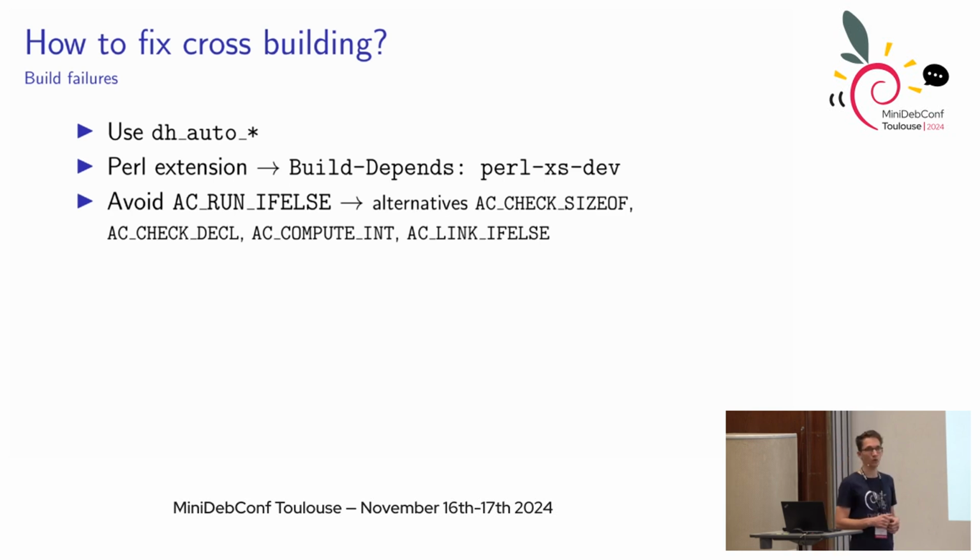Avoid AC_RUN_IFELSE. That's the autoconf one. It works roughly the same way in CMake, where you also have to avoid it, because, well, you can't run it, repeating pattern throughout the talk. We have a lot of alternatives. AC_CHECK_SIZEOF is one of them.